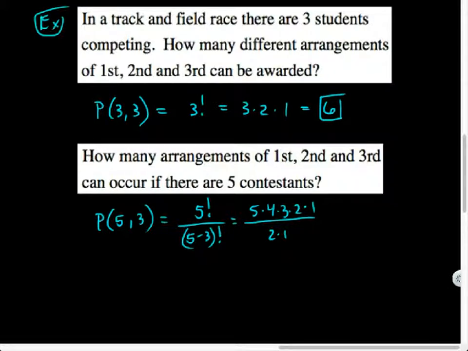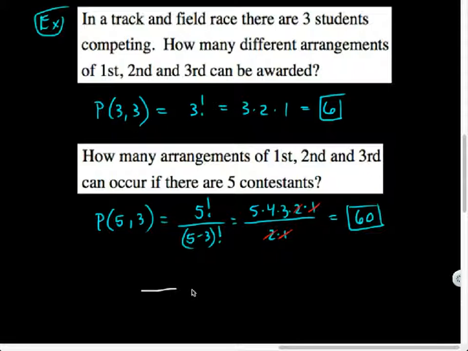If I was to write these out, the 1s would cancel and the 2s would cancel. So apparently this is the same as 5 times 4 times 3. 5 times 4 is 20, times 3 is 60 possible ways that that could occur. And I agree with you, Jacob, that this would be 120 divided by 2, which is also 60. But this technique of canceling out is going to be helpful later.